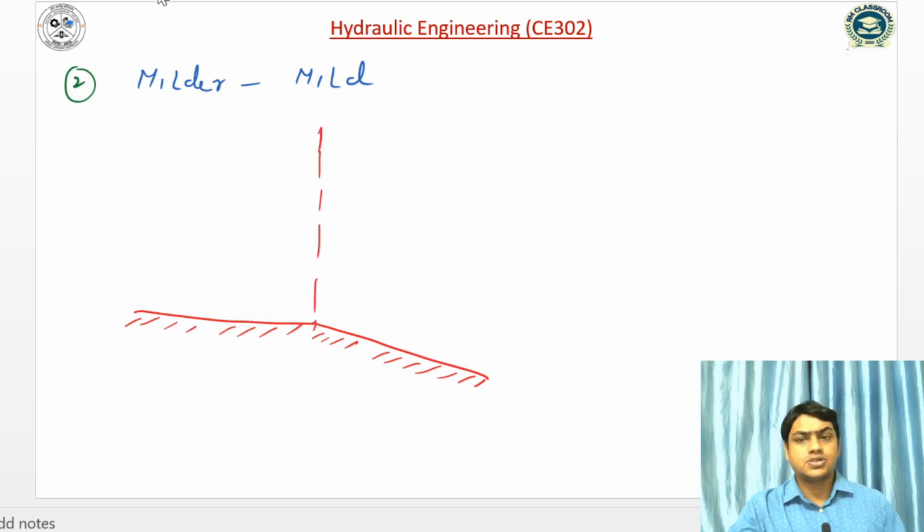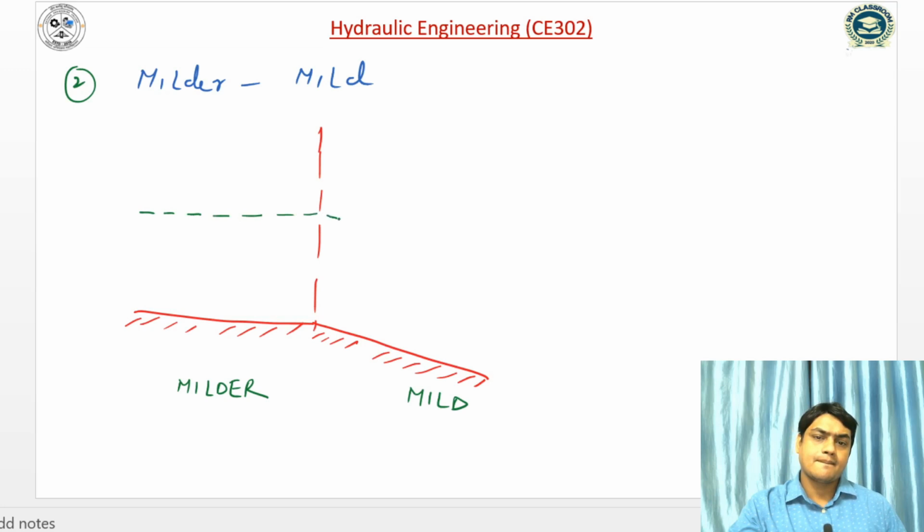The critical depth line will be the same. So let us assume this is the CDL, because it only depends on the discharge. This is the normal depth line, and this is the normal depth line.